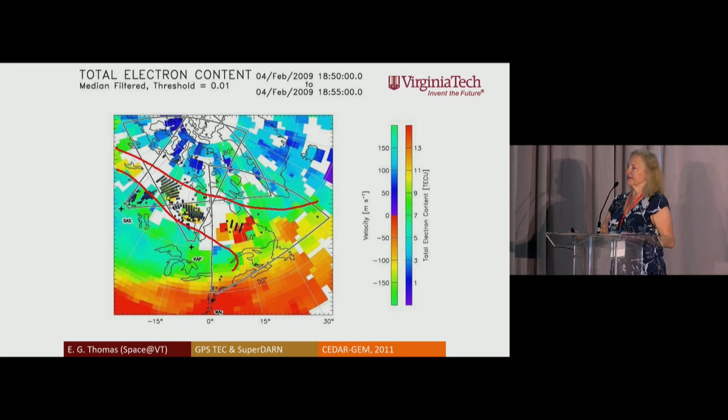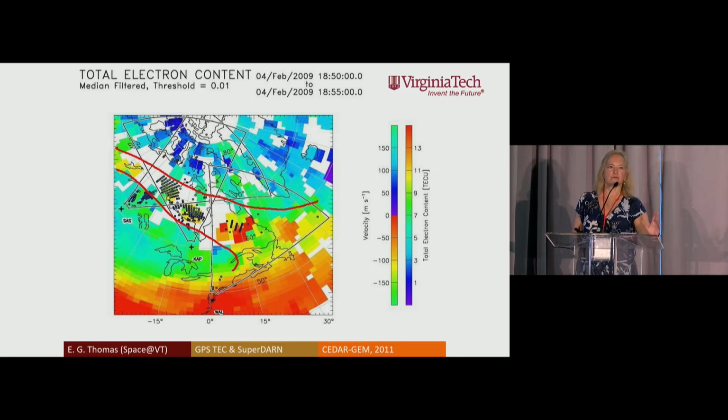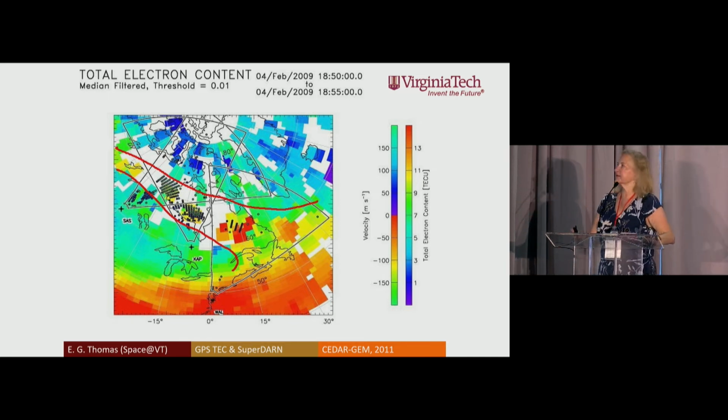Now here, luckily, we've done a lot of work with our friends at Virginia Tech, and we are continuing to use their data. This was done by Evan Thomas, and basically we showed that there were additional returns from the SuperDARN radars in the SED plume, and we started doing these correlations.